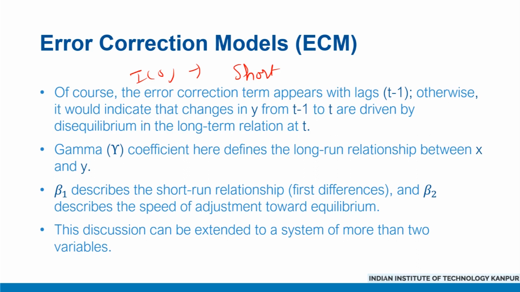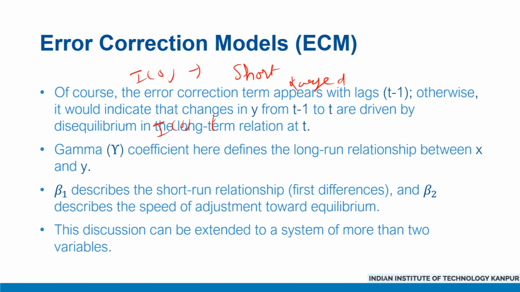So only if a system of variables is co-integrated does there exist a modeling approach called error correction models, where we use a combination of first differences, or change levels, which are I(0), plus the long-term relationship which is co-integrated, in the form of lagged variables, and combine them to get a family of models called error correction models.